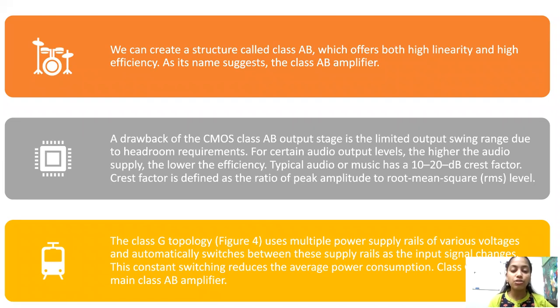Crest factor is the definition of the ratio of peak amplitude to the root mean square (RMS) value level. The class G topology uses multiple power supply rails of various voltages and automatically switches between these supply rails as the input signal changes. Its constant switching reduces the average power consumption.